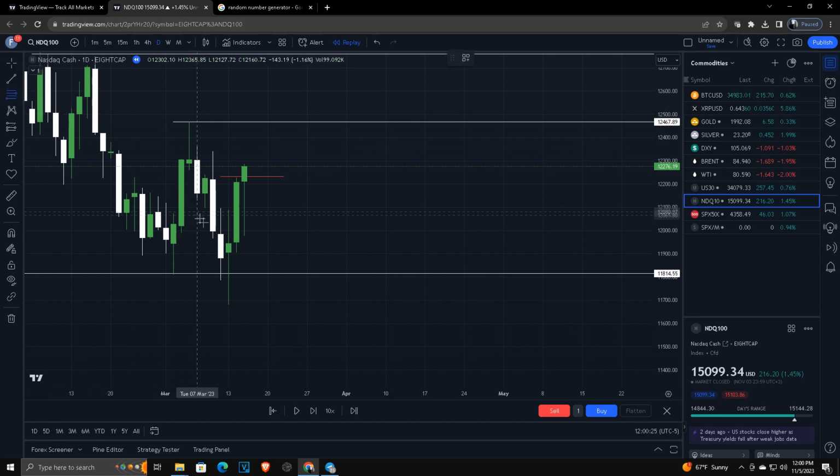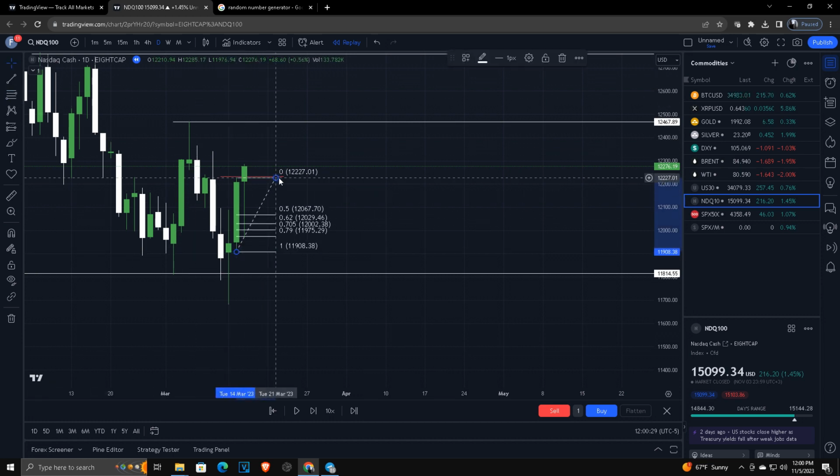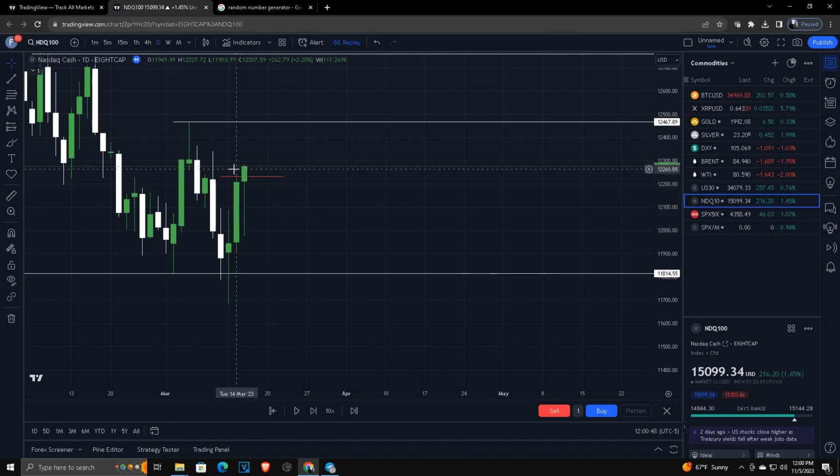So if we were to take a Fibonacci from the top and bottom of this previous day's candle, you got almost a 79% retracement, almost to the 0.786 or whatever. You got that much of a retracement before closing high. So that is one of the best discounts you can get into. So we closed above, we broke it and we closed above. So my daily bias is to continue to go long.